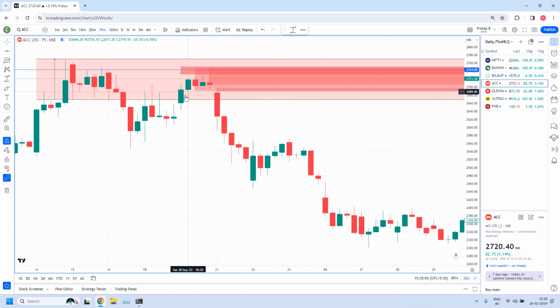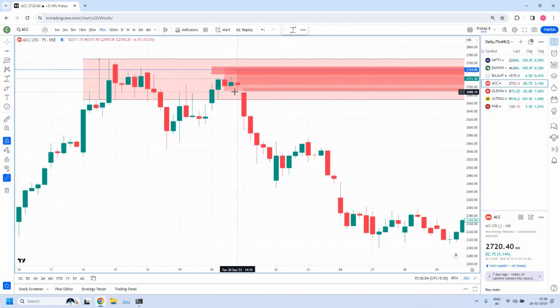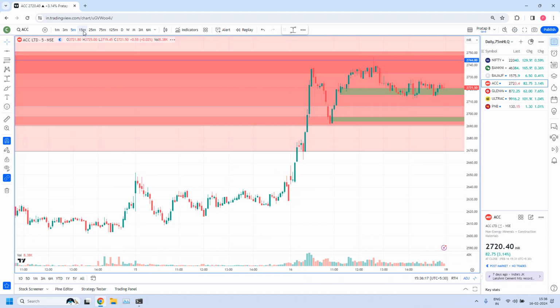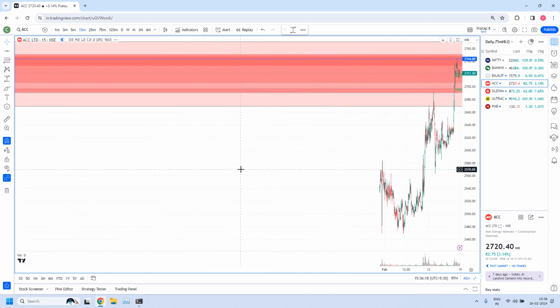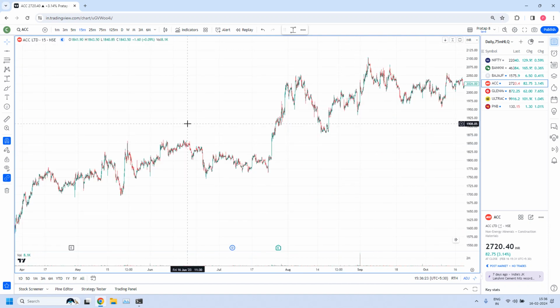We have a rally, 3 base candles and a drop. Inside the 75, we identified two 15-minute zones.